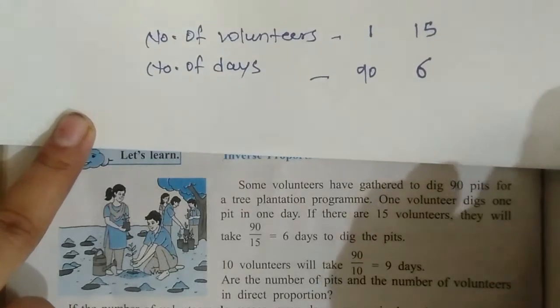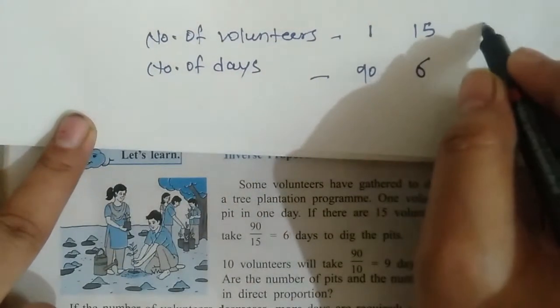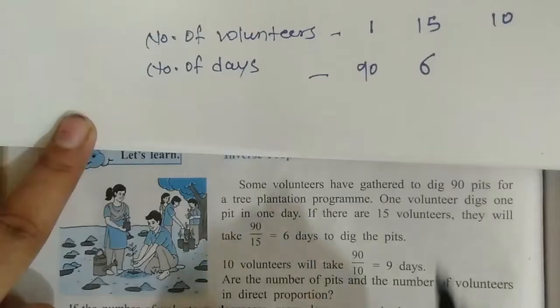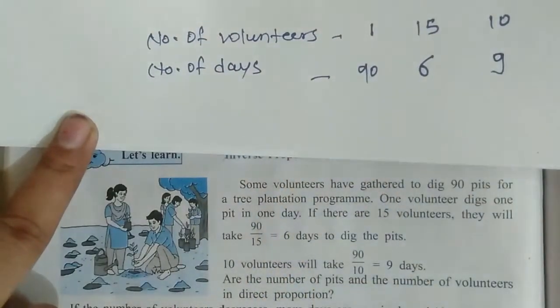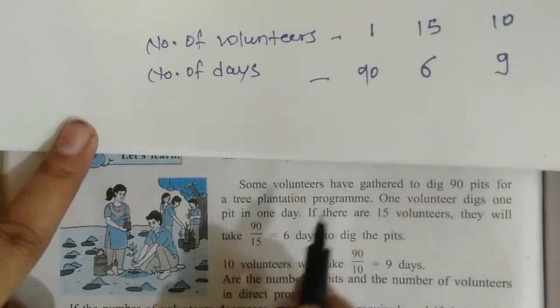Correct? Now see the next, if the number of volunteers is 10, then they require 90 divided by 10, which means 9 days to dig the 90 pits.